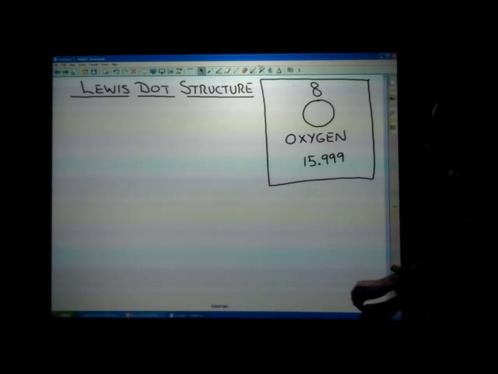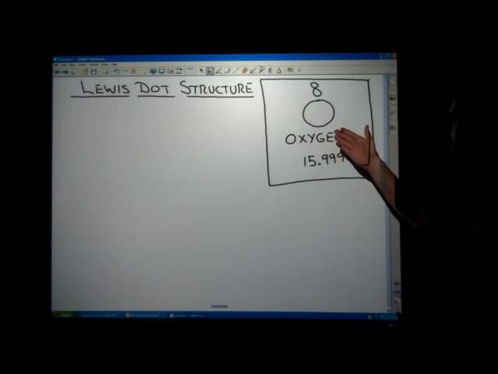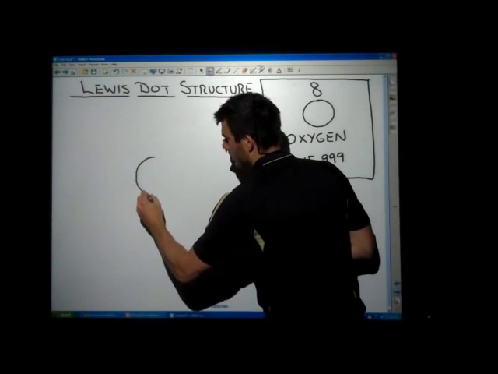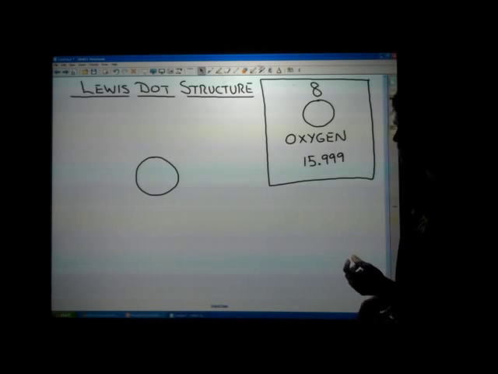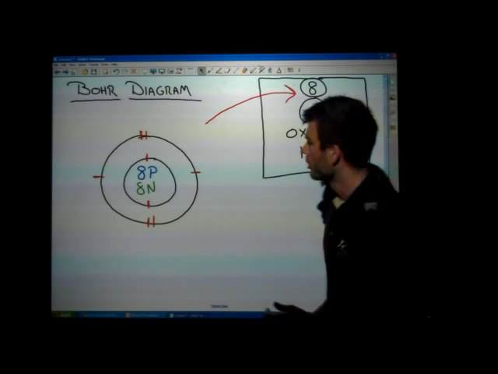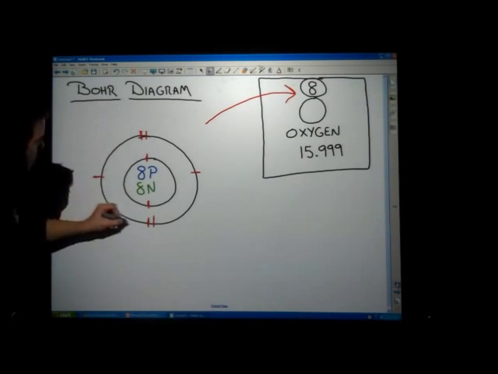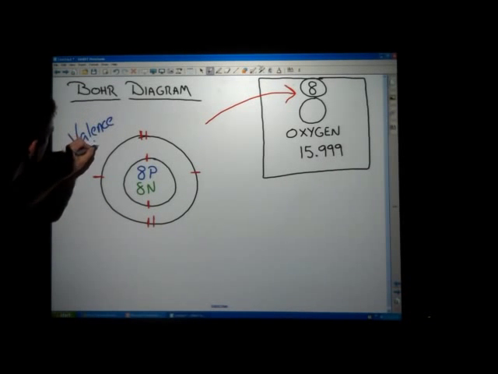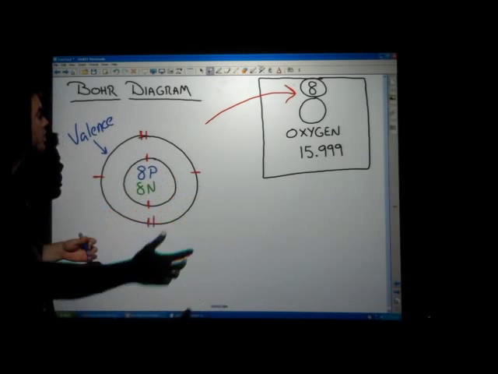The last one we're going to draw is the Lewis dot structure. This one is a little easier. On the Lewis dot structure, you use the symbol. The symbol for oxygen is O. Then, all you need to show is the valence electrons. Remember, your valence electrons are the electrons in the outer shell only. Valence is the outer shell, whether it's shell 1, shell 2, shell 3, shell 4.